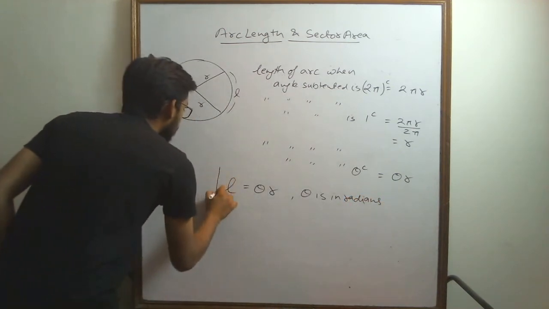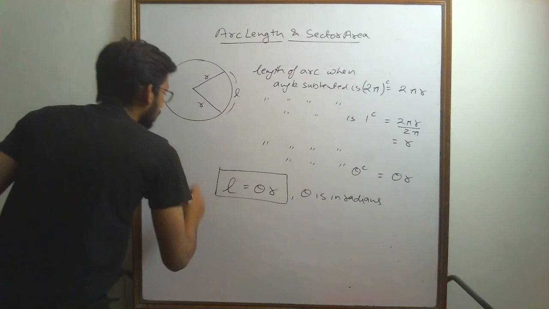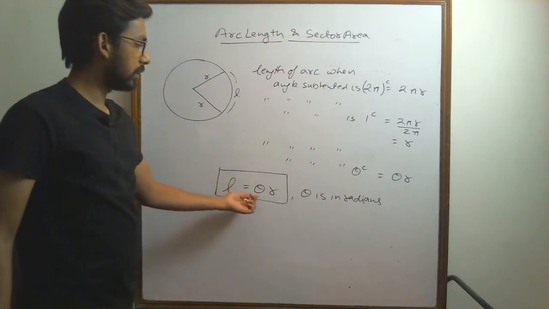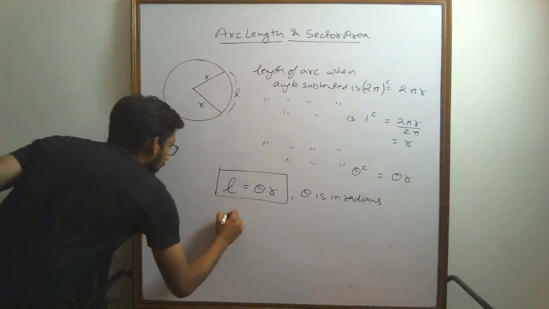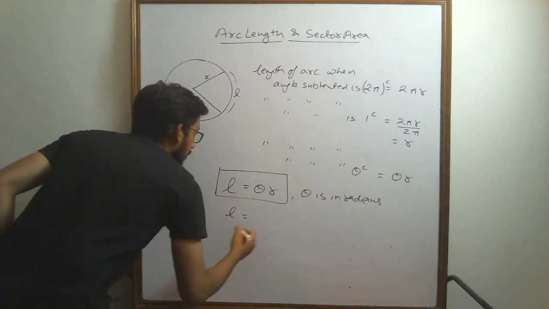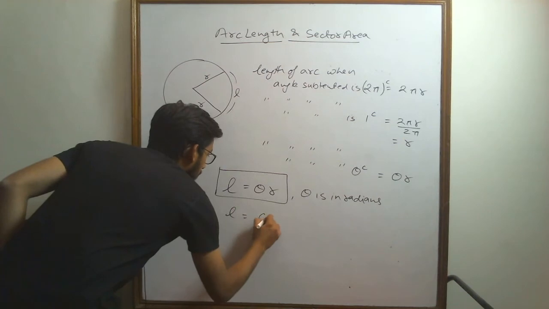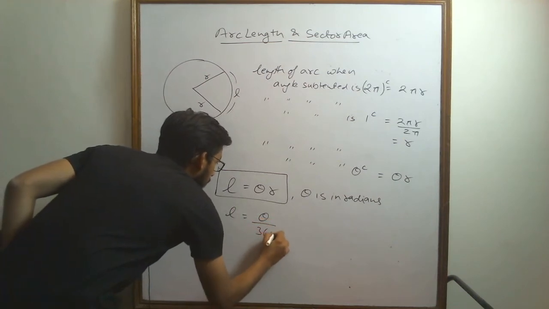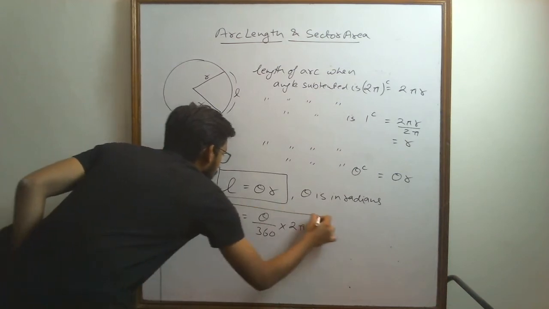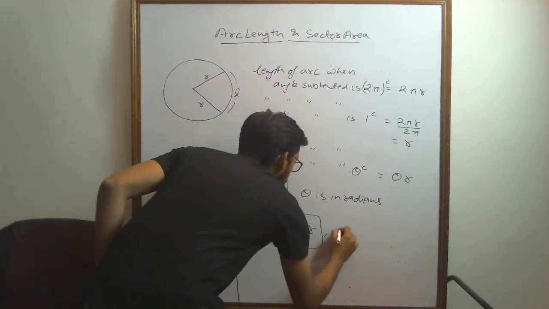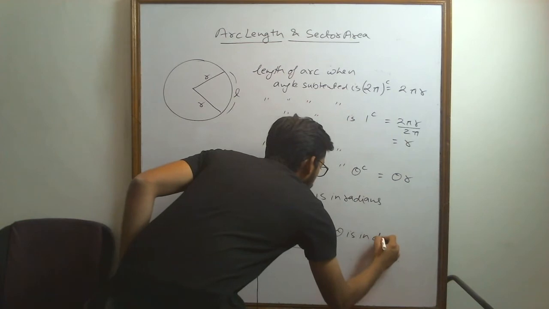So this gives us the formula of length of the arc in terms of the angle subtended by it at center and the radius of the circle. The same formula when the angle is in degrees is theta by 360 into 2 pi r, when theta is in degrees.